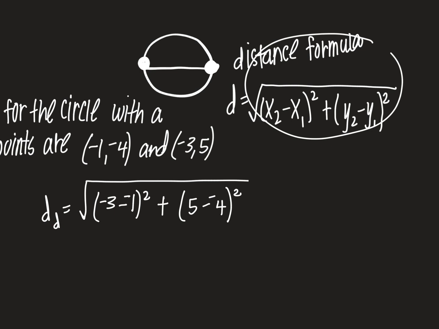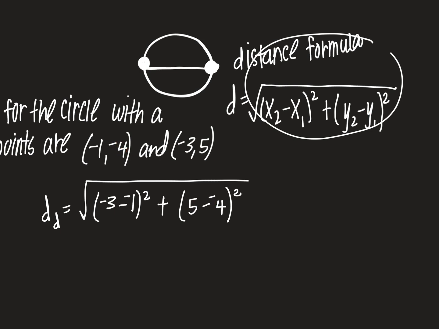Anyway, what the distance formula tells us to do is take the square root of x sub 2 minus x sub 1 squared plus y sub 2 minus y sub 1 squared. And so my x sub 2 value was -3, minus my x sub 1 value, minus -1. Y sub 2, second y value, y sub 1, first y value.